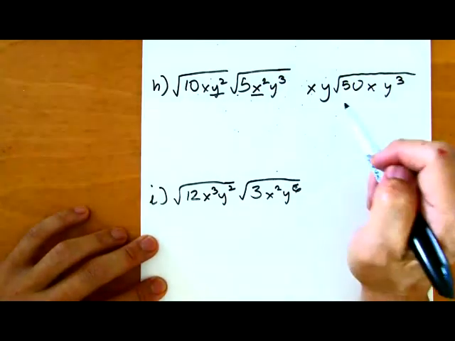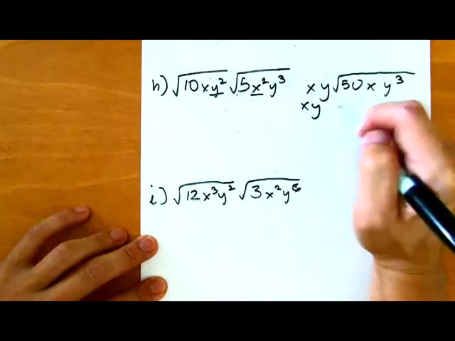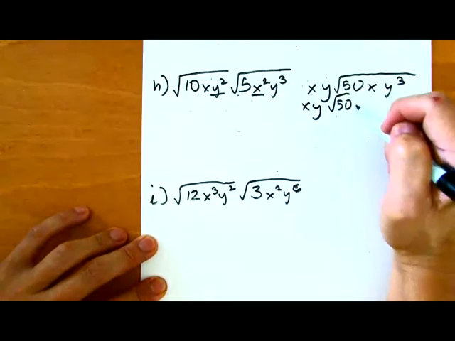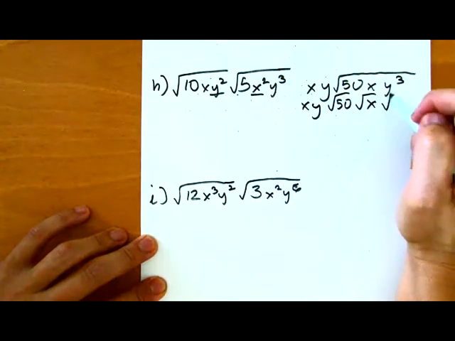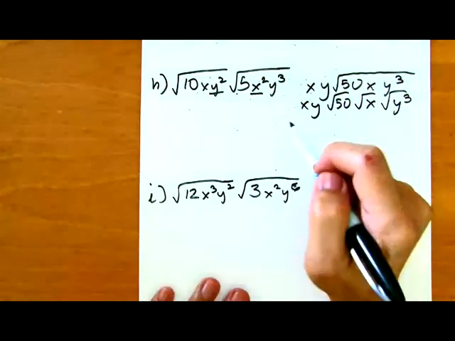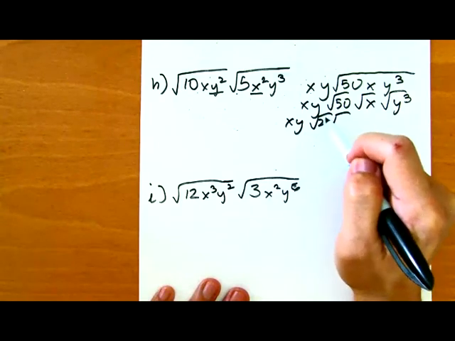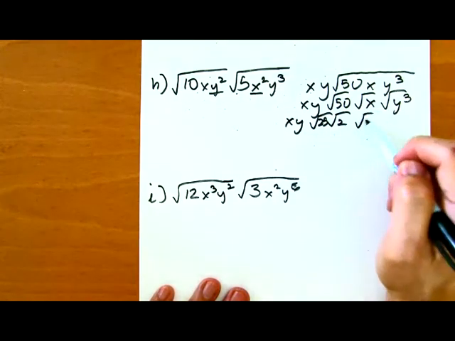Okay, can we go further with this radical? Well, we could split it up: 50, x, y to the third. Can we simplify any of these radicals? The 50, 25 and 2. Can't do anything with x.